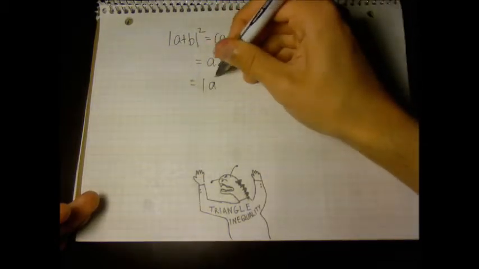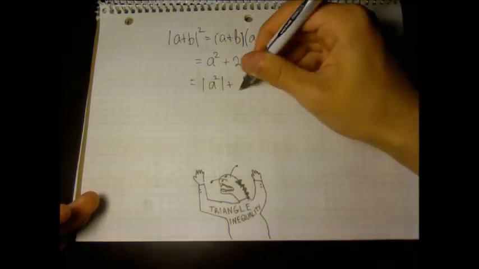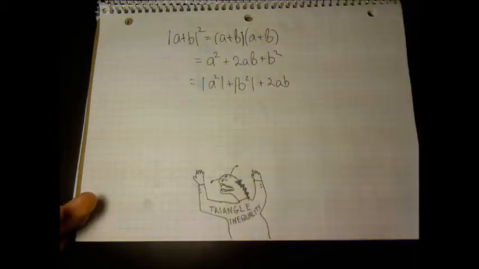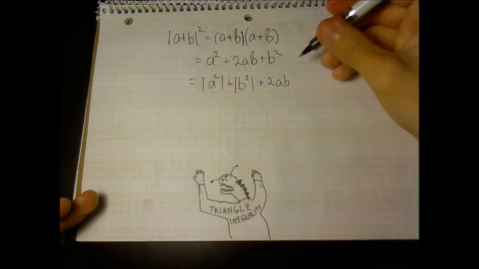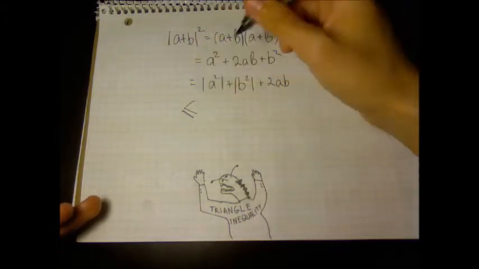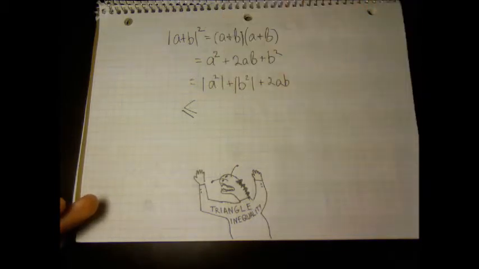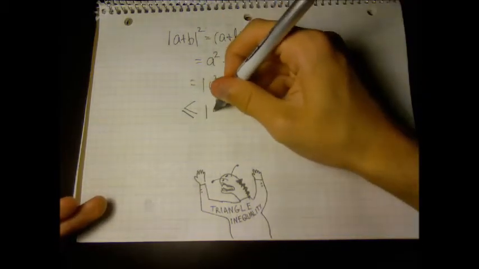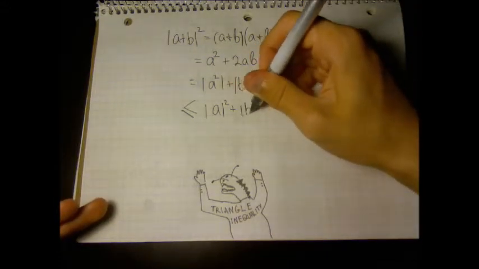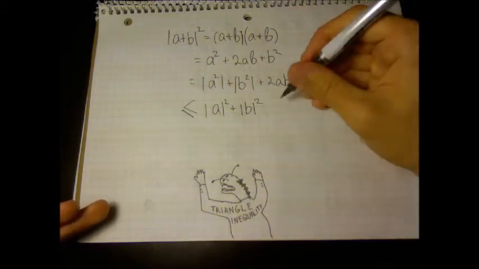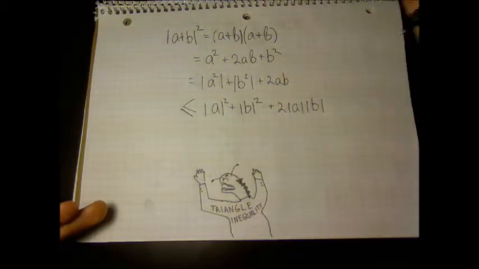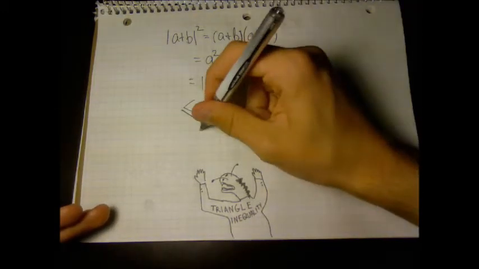Simple factorization will show the following results, and by using properly the absolute value rules, you can see that eventually |a + b| squared will be less than |a| squared plus |b| squared plus 2|a||b|.